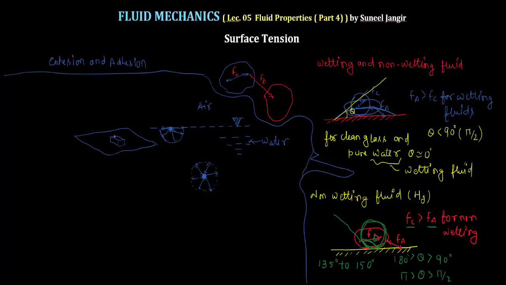The weight of this block acts in the downward direction. That's why the shape of the paper will look like this. I will try to draw this one. This will bend due to the weight lying here.